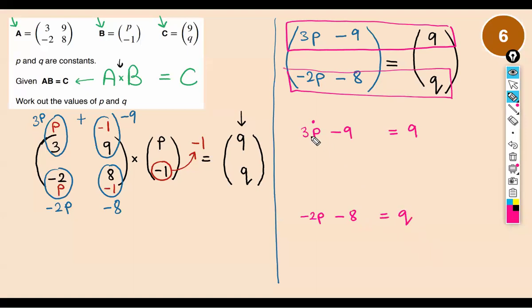Now, here's the thing. When you solve for p here, when you get the answer for p, substitute it in below here. And you will get the answer for q. So solve the top equation first, and then use that to help you with the underneath equation.